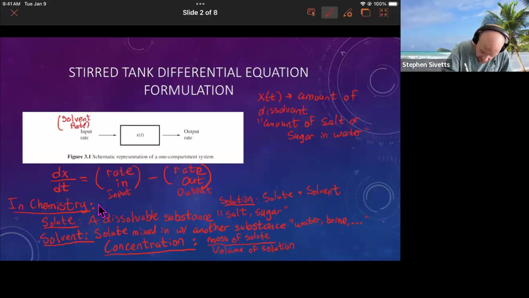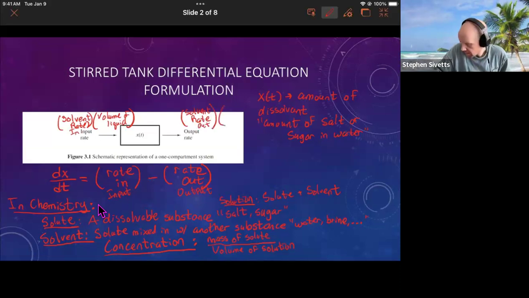The solvent rate that's coming in, along with the volume of the liquid that's coming into the tank, right? And then for the output rate, you're going to look at the solvent rate that goes out of the tank. So this is in, and this here is out.